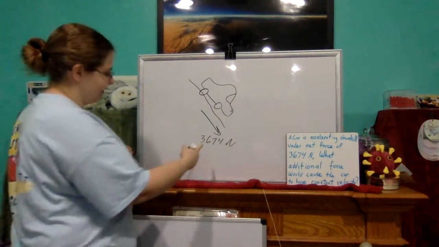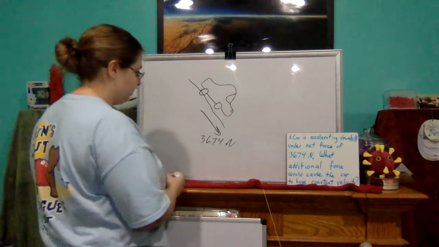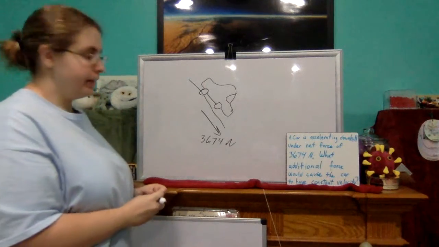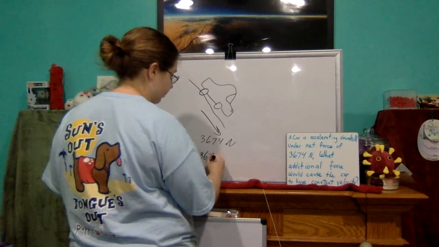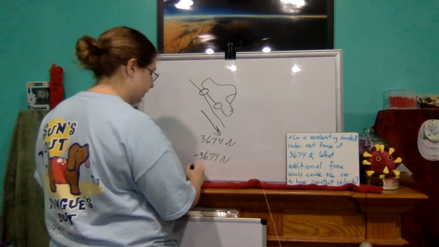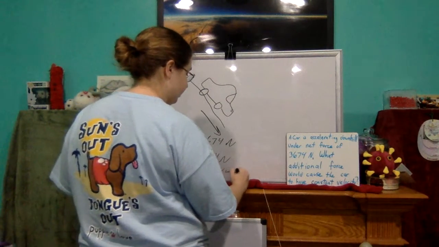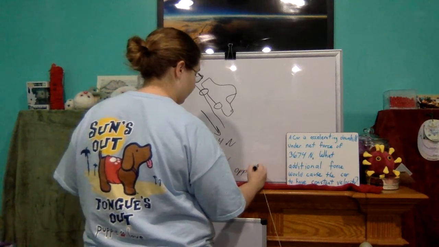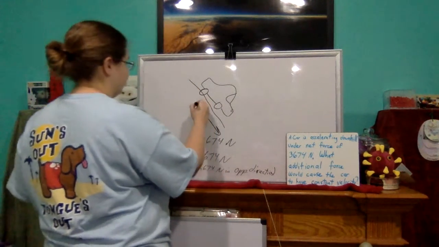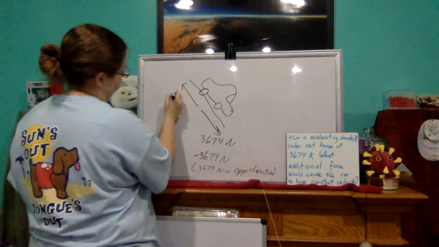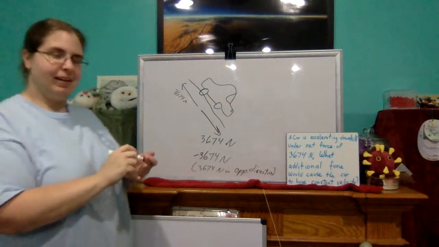So if this is 3,674 newtons, that means that the way we would want it to be is negative 3,674 newtons, or you can say 3,674 newtons in the opposite direction. So that means that it would be 3,674 newtons in that direction. Yeah, not too bad. That's the easy one.